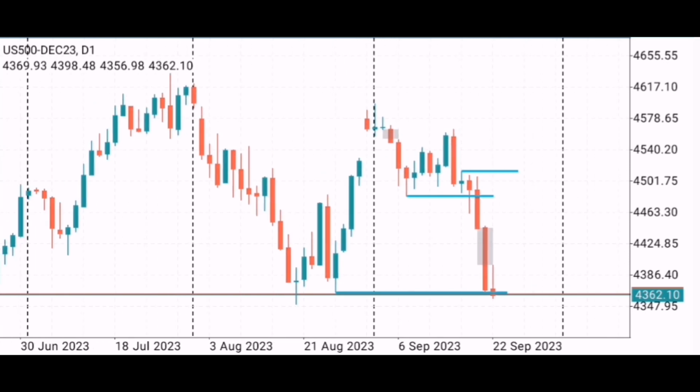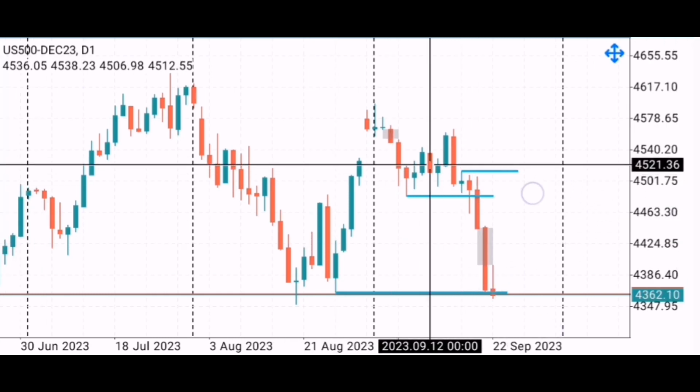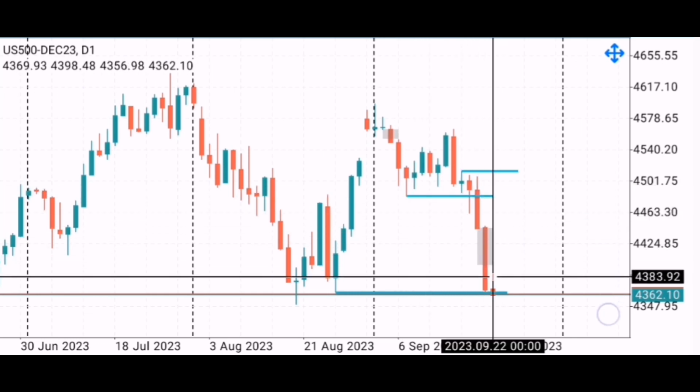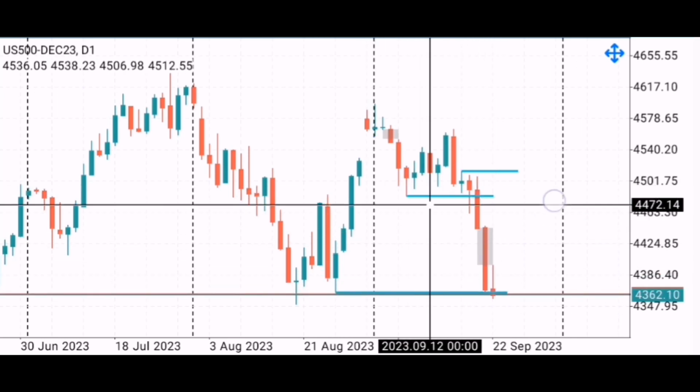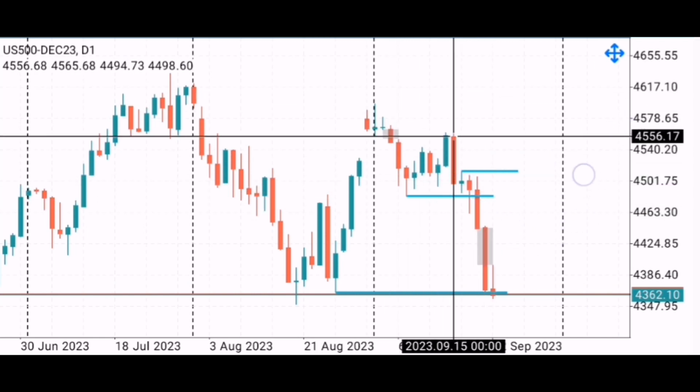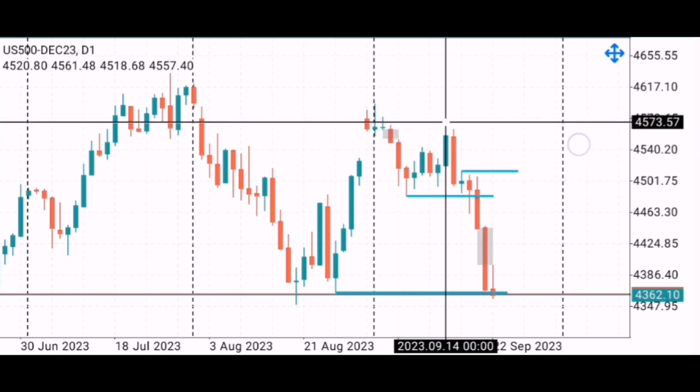Before me, it is the US 500, and what we had already spoken about is the potential that this market could crash all the way to the downside, which transpired. However, we will also look into see if this market is going to push to the upside, seek higher prices as well.